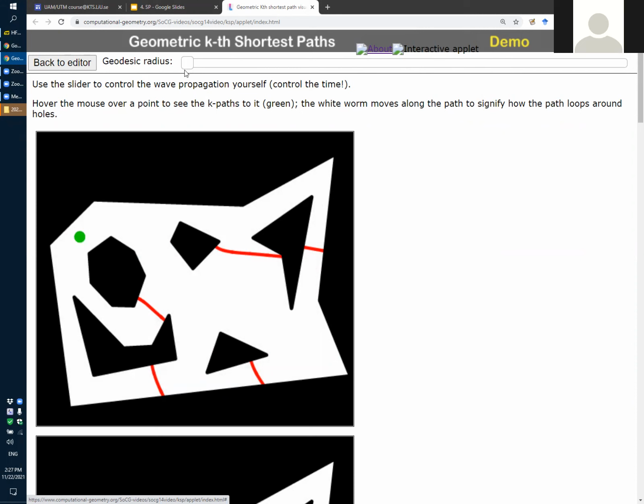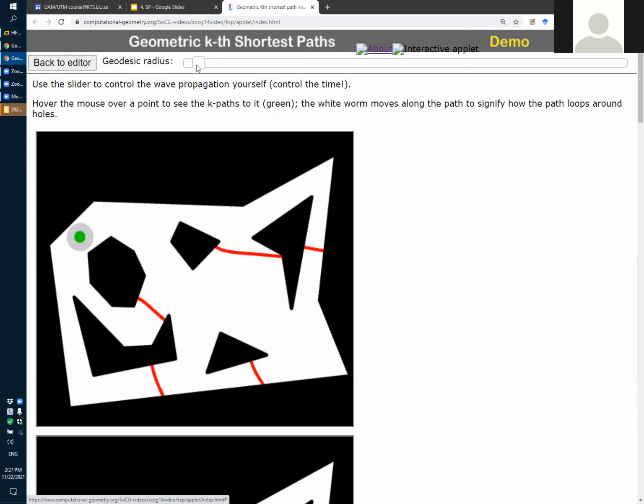Again, the green point is the source point from which you want to compute the shortest path. The black are the obstacles and white is the domain. Don't worry about the red curves right now. You can imagine that this white space is a lake, and the black are islands, and you drop a stone at the green point, and then the waves start going out from the stone.